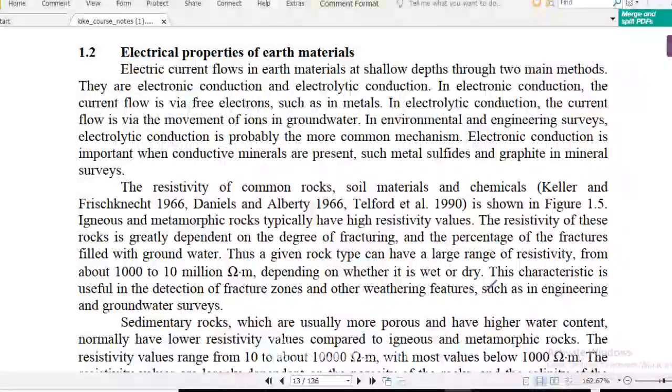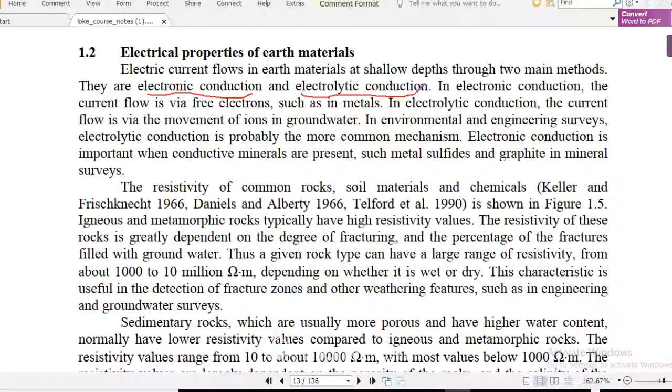Okay, electrical properties of the materials. Electrical current flows in earth material at shallow depths through two main methods: electronic conduction and electrolytic conduction.